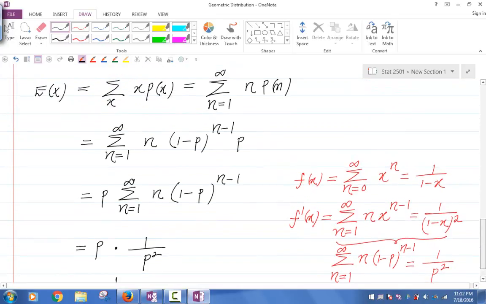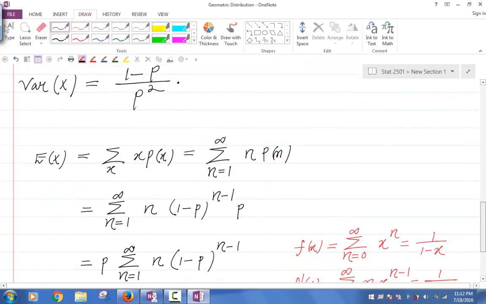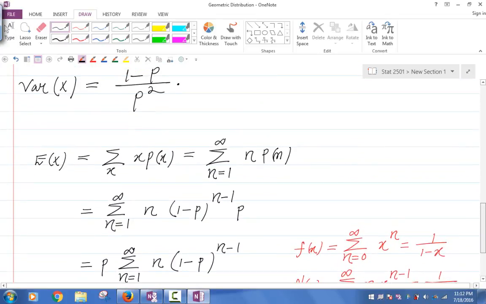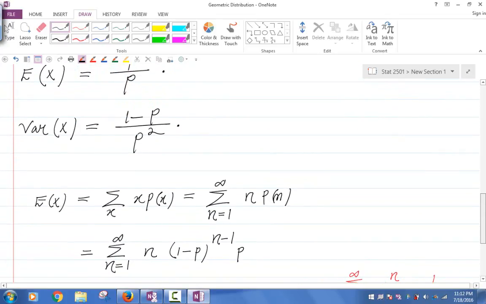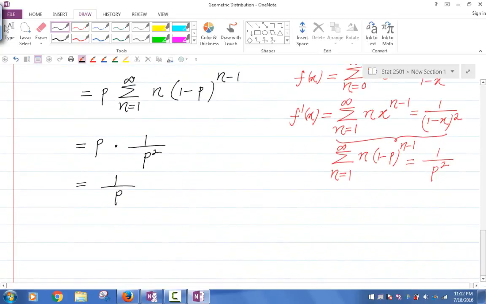Hence the expectation of X is 1 over p indeed. One can derive the formula for the variance in a similar way. In the next video we will go over the negative binomial distribution.